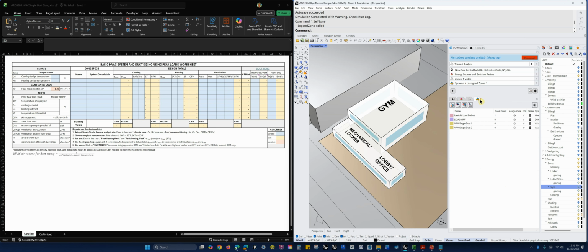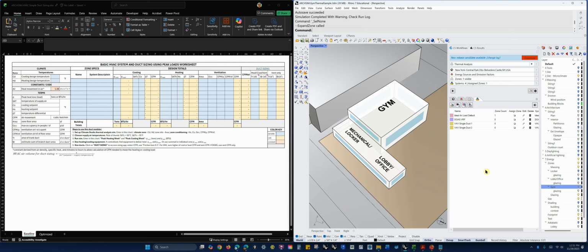Oh, and one other thing is that my mechanical system is what's called the ideal air load. We've talked about this. It is a system in Climate Studio that is ideal because it's delivering the exact amount of heating and cooling to the zone as you've defined it, not worrying about ducting or other complications.